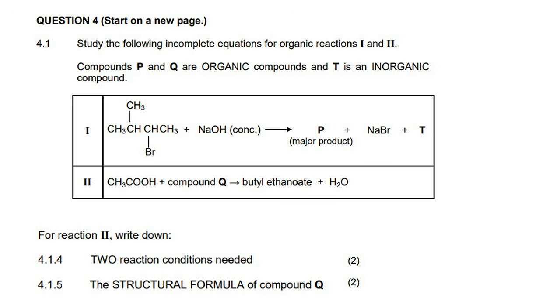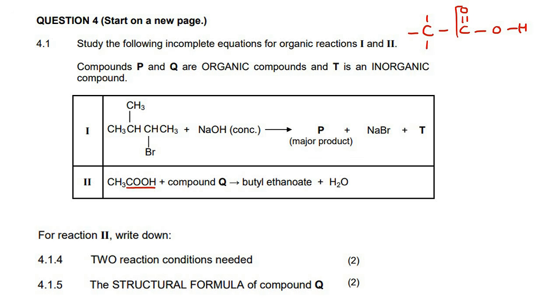Okay, this one says, for reaction number 2, write down 2 reaction conditions needed. Okay, so you need to identify whenever you see the C double oxygen hydrogen. I always say C double bond. It's C double oxygen hydrogen. That is a carboxylic acid. So I'll show it to you. There's the CO and then another OH.